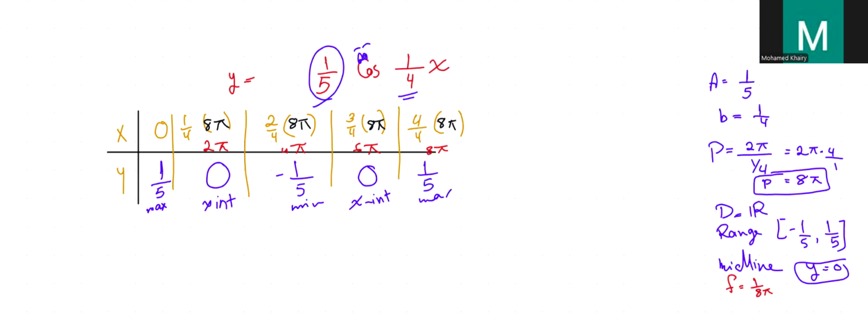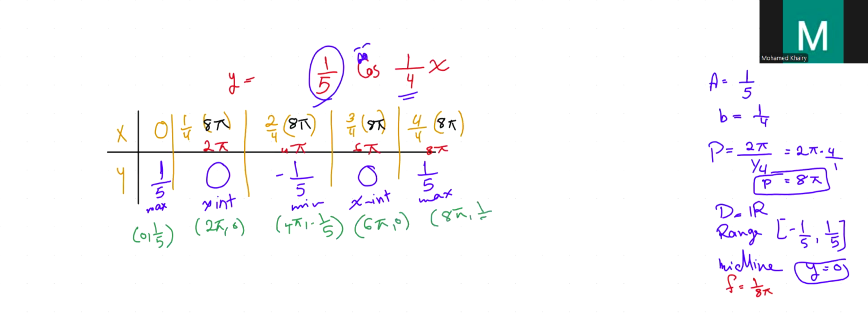Right? What is the coordinate here? 0 and 1/5. Here, 2 pi and 0. Right? 4 pi and negative 1/5. 6 pi and 0. 8 pi and 1/5.